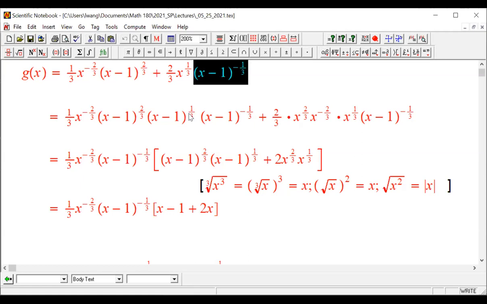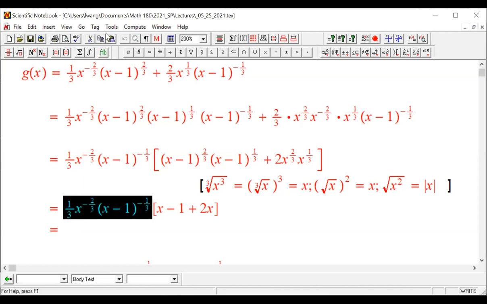Does everybody follow me? If you like this method, it may be shorter because you don't have to write all those roots. You should still get the same results, of course, right?